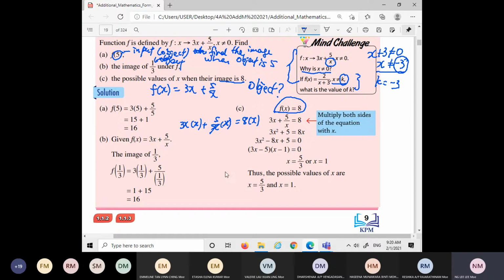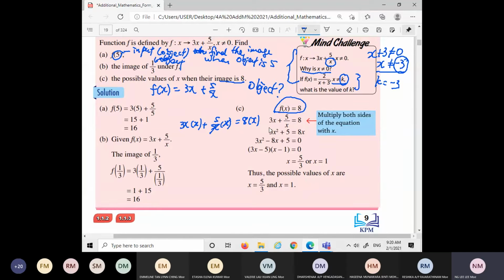Next, this is quadratic, very obvious. So you have to rearrange them into general form. 8x comes to this side and becomes minus 8x. Always make the a, I mean the coefficient of x squared, positive.